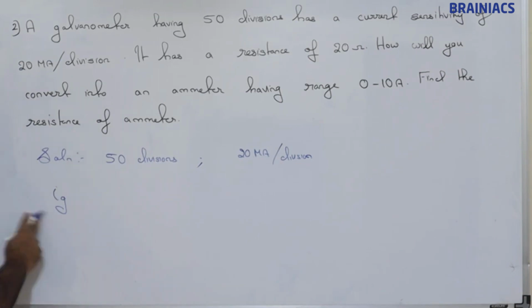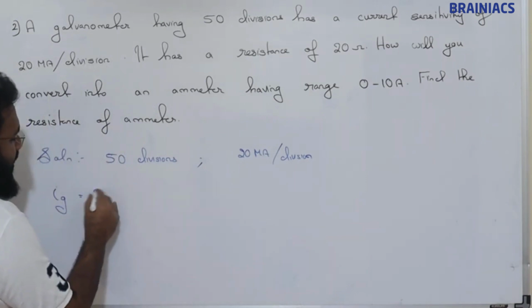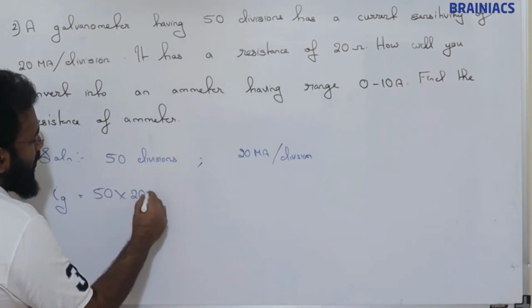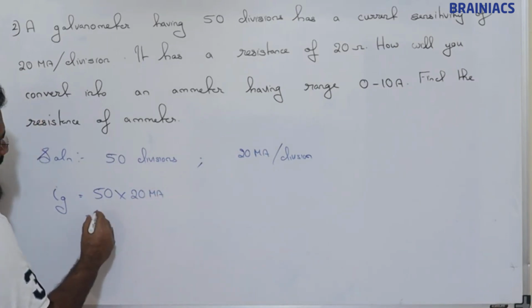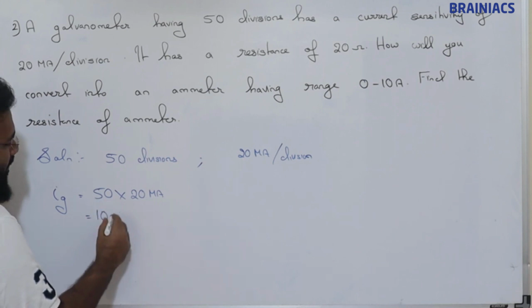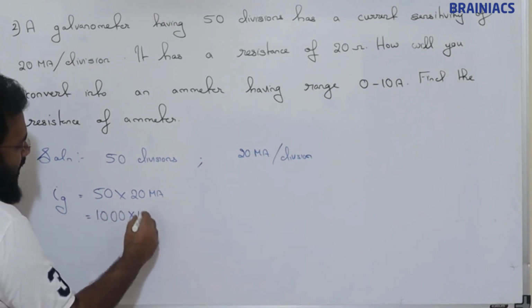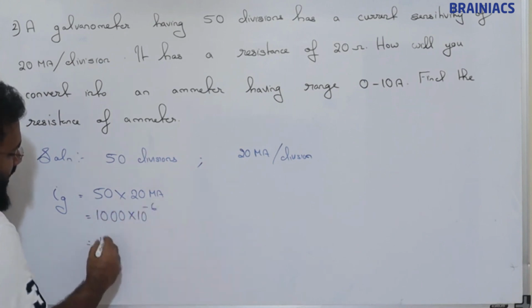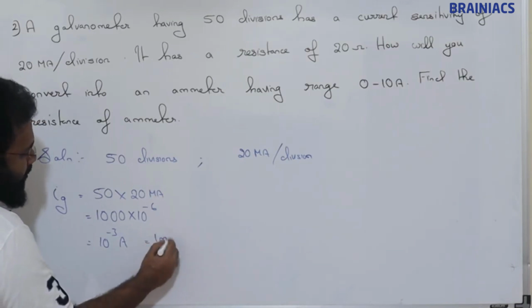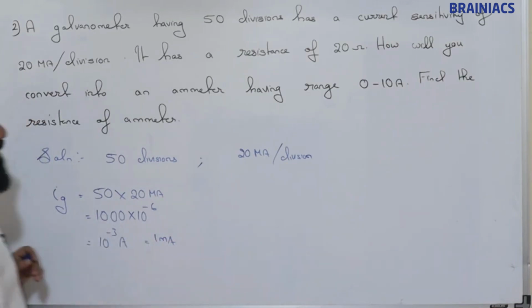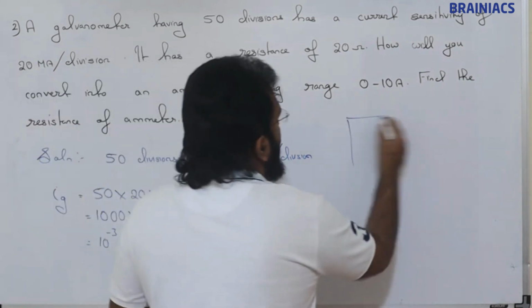So Ig, the maximum current that can be passed through the galvanometer, is 50 into 20 microampere. That is actually 1000 into 10 raised to minus 6, which we can write as 10 raised to minus 3 ampere, or 1 milliampere. So this is the current that can be passed through the galvanometer.